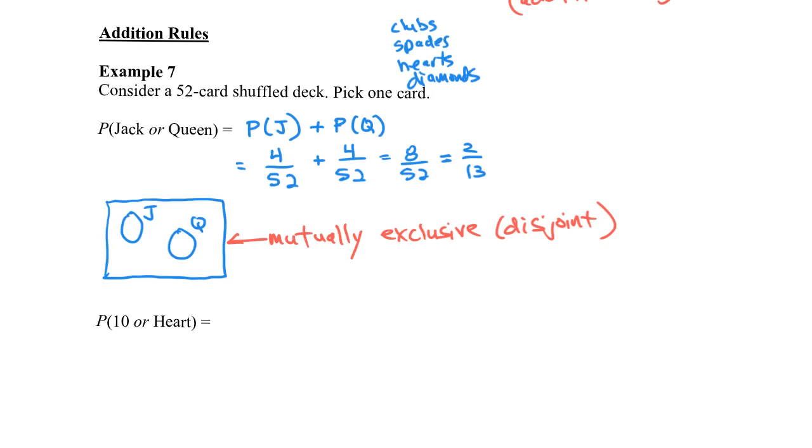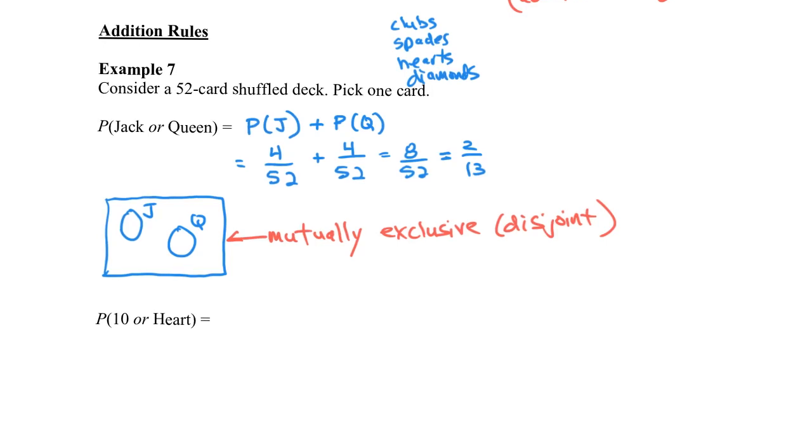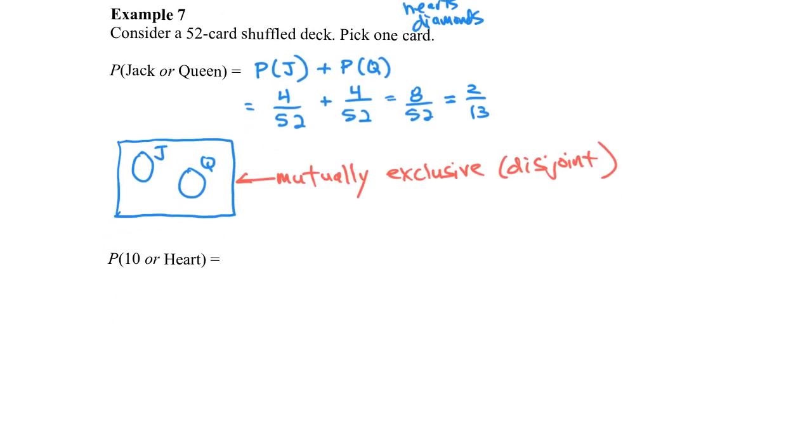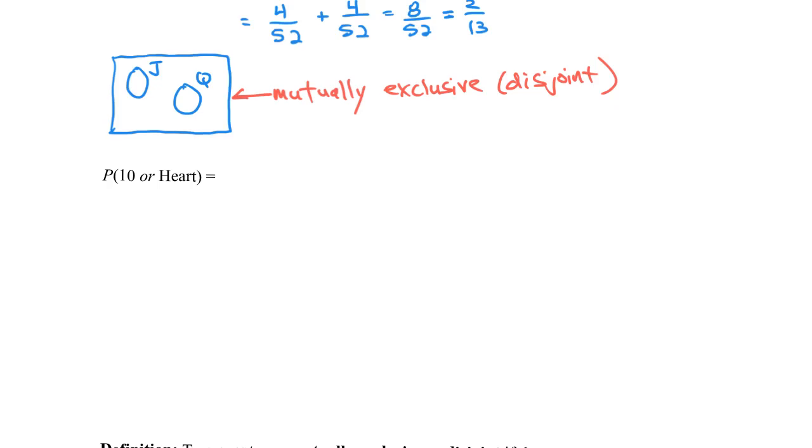Now we want to figure out the probability of getting a 10 or a heart. So for this one, we could do probability of 10 plus probability of heart. I'm going to leave it at this for now. So what's the probability of getting a 10?